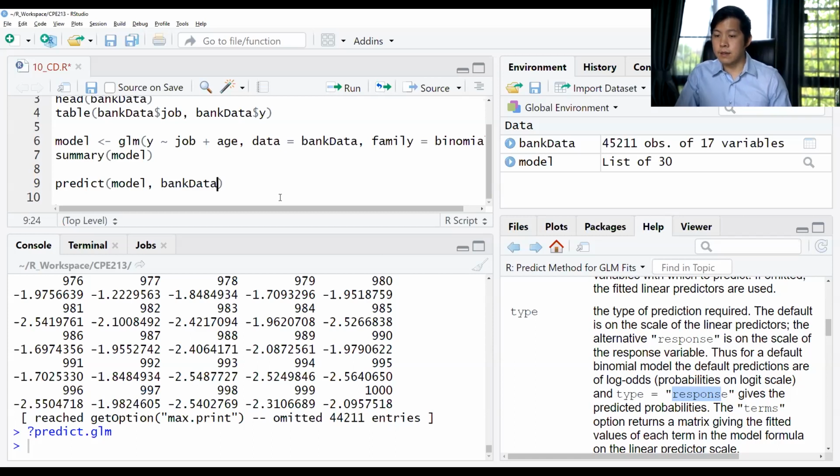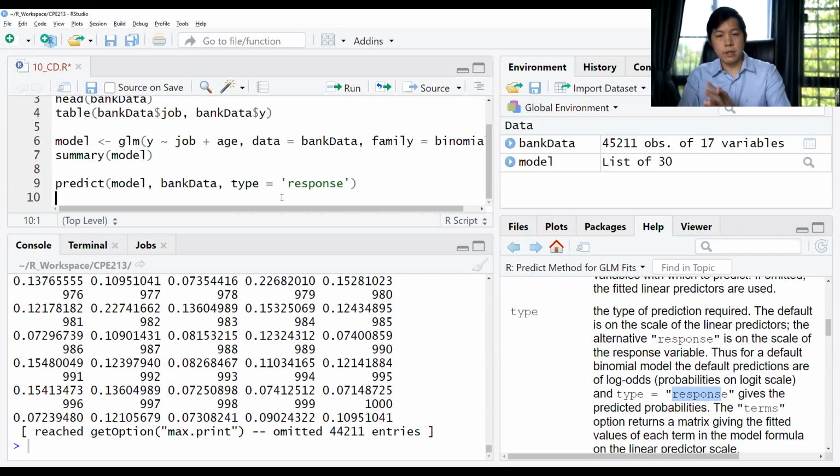Then we change this type to response, and here it gives you probabilities less than 1. You can see that in order to make use of the functions, in order to make use of the code here, you need to understand the core mathematics of the model.